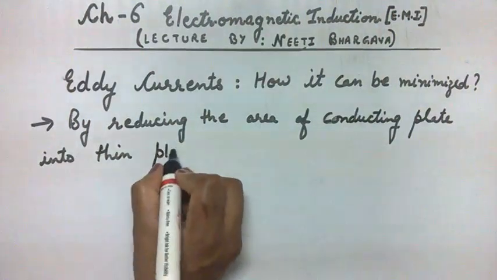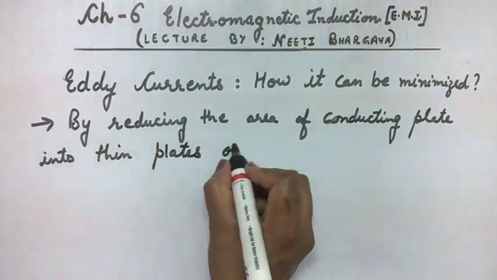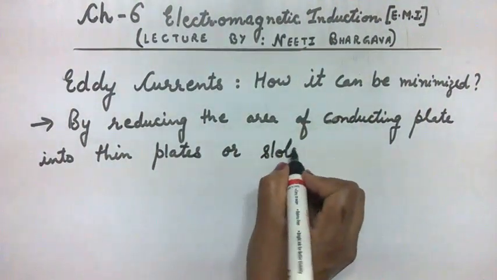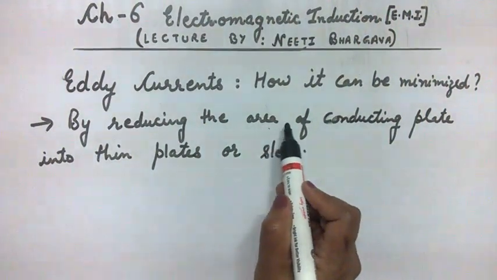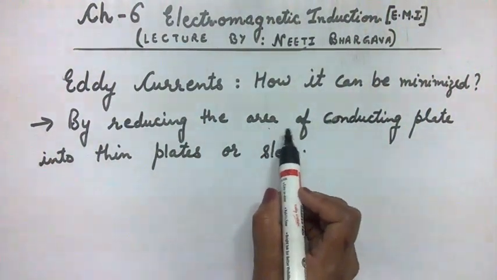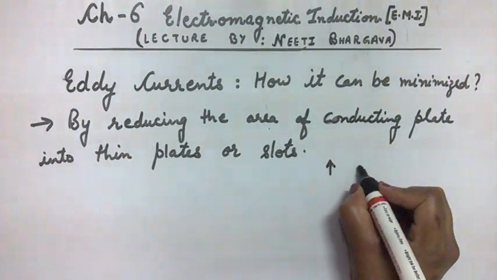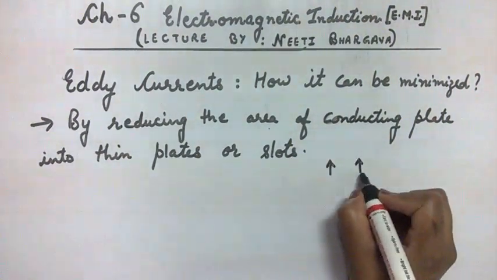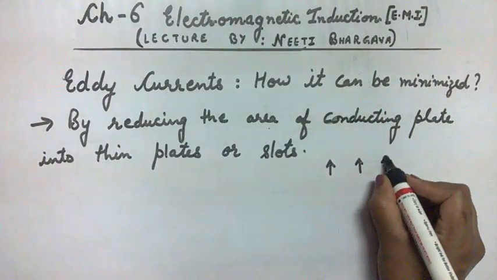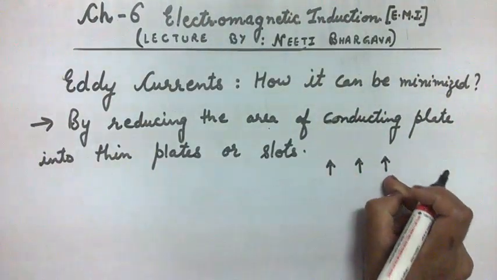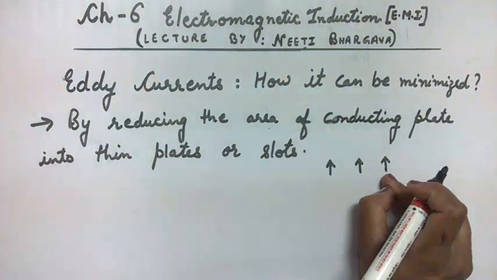Into thin plates or slots. As we have studied in the experimental demonstration, if area is more, then eddy currents will be more, and because of the eddy currents, the resistive force acting on it, that is Lenz's force or deflecting force, will be more.